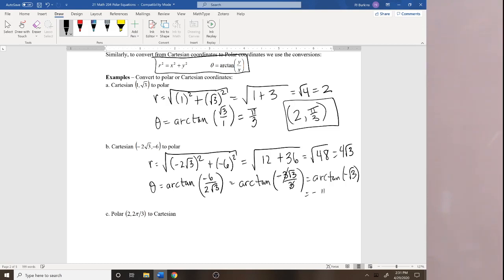So that should be negative pi over 6, or a positive 11 pi over 6, right?